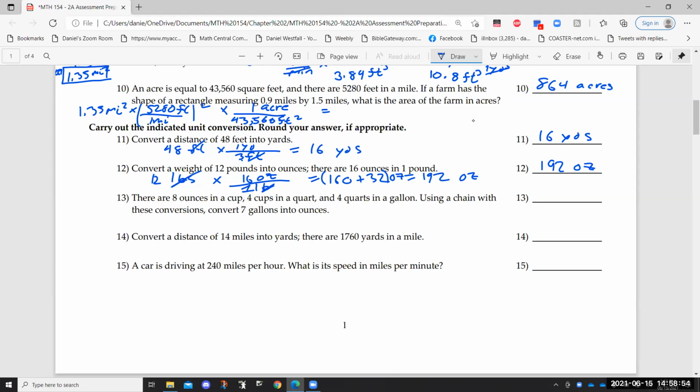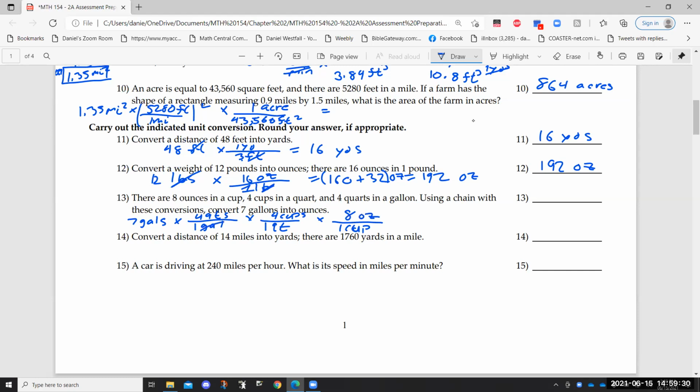Eight ounces in a cup, 4 cups in a quart, 4 quarts in a gallon. Use a chain to convert 7 gallons to ounces. 7 gallons. 1 gallon is 4 quarts. 1 quart is 4 cups. 1 cup is 8 ounces.